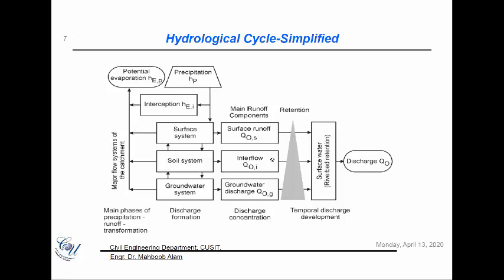Interflow takes a little bit longer, but comparatively it also converts into discharge rather early. Groundwater is that part of the water which contributes at the very end to the discharge volume.